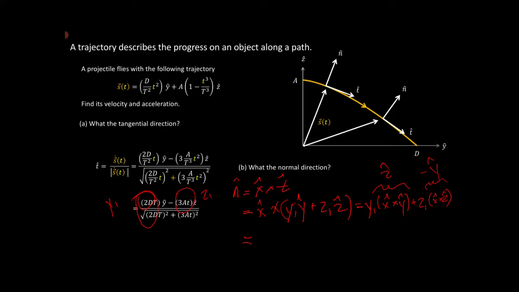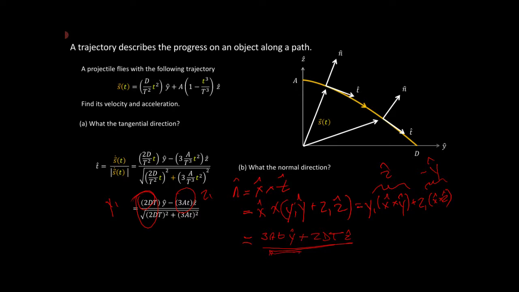So we're going to have 3at in the y hat direction plus 2dt in the z hat direction over the square root of stuff.